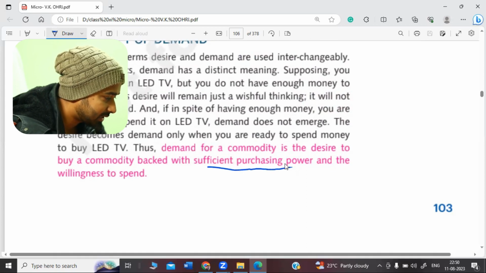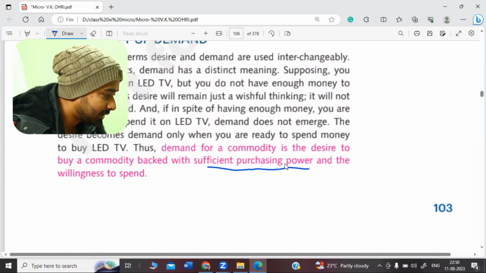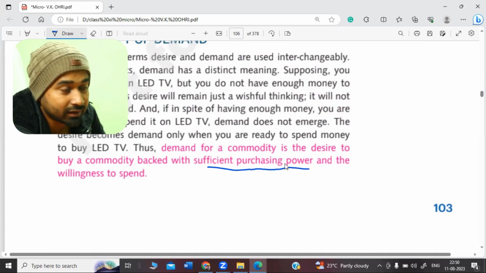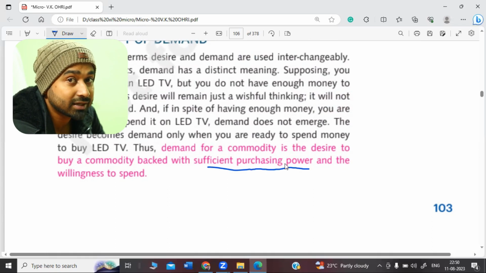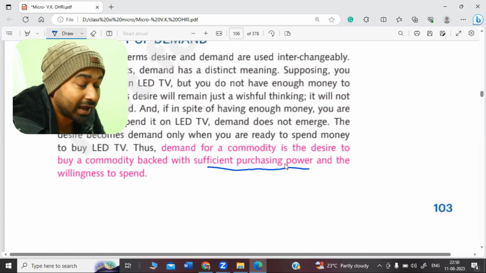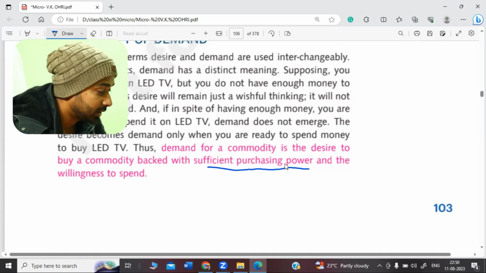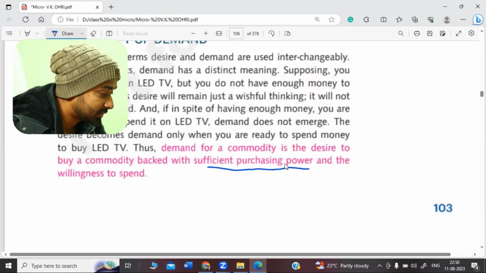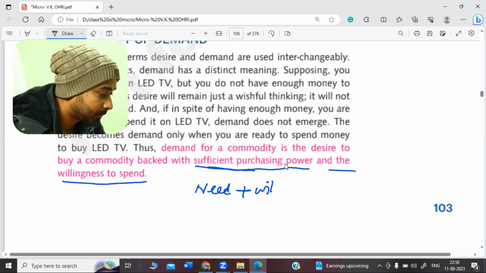First thing you should remember is that two things are required in demand. One is need, another is your purchasing power and that you are willing to spend. So the first is sufficient purchasing power and the willingness to spend. I can say that demand is need, anything you require, plus willingness to spend.